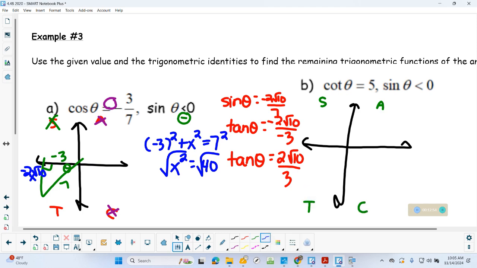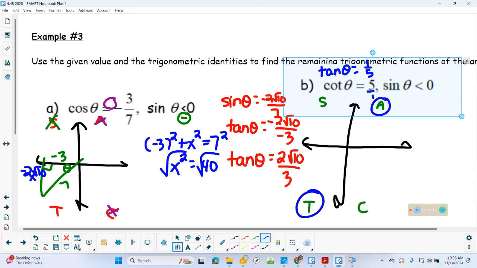Now, I don't love that they gave you cotangent. I'd rather have tangent. Tangent is just the reciprocal of 5 over 1, so think 1 over 5. What's most important is that that 1/5 is positive. So tangent is positive in the A, quadrant 1, and in the T, quadrant 3. So I've got those 2 potentials, and clearly we're going to get it down to 1.